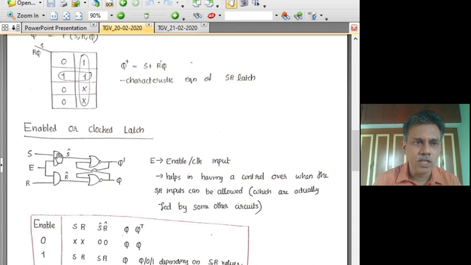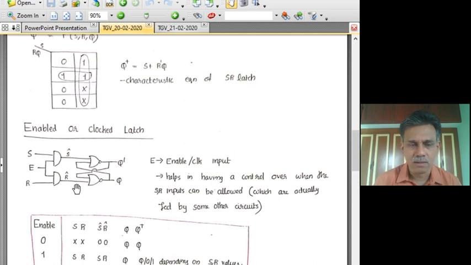We can view these two AND gates to be literally acting as a gate, letting this Boolean variable be present here. E equal to 1 basically opens up the gate and allows S to enter and act as S cap.